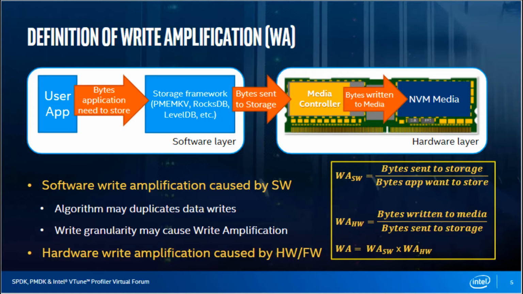There are two major sources of write amplification. The first one is software, so we might have write amplification on a software layer, and the second source is the hardware layer. To illustrate this, I prepared a simple picture above.